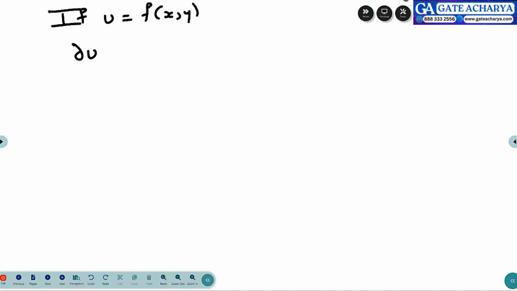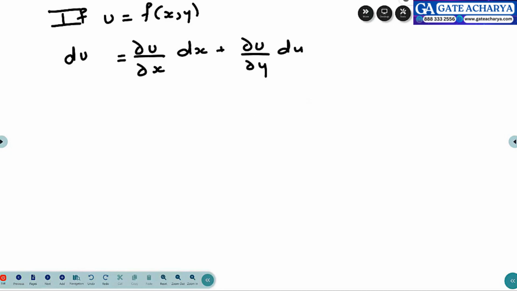So for partial derivatives, the way of writing the differential is, or you can leave out this du, you can write like this also. This is how a differential is written down. du is equal to what?